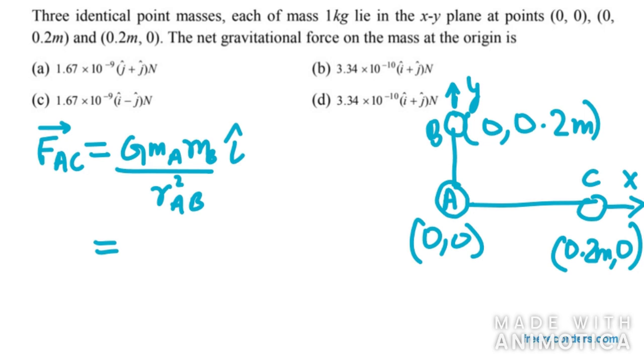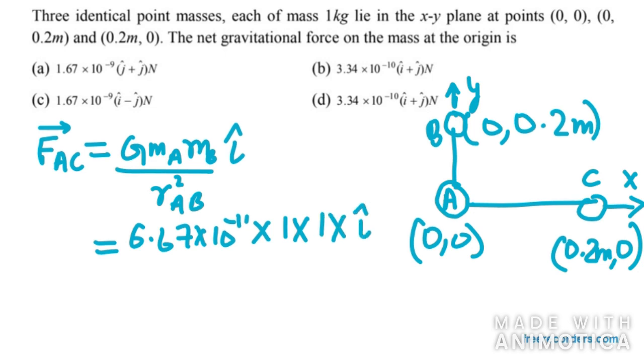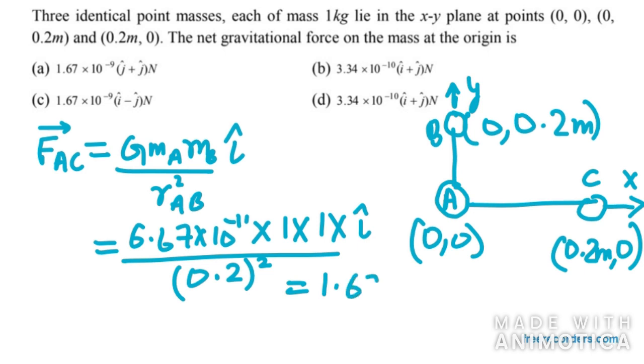So that means MA, MB and MC is 1 kg. So G value is 6.67 into 10 raised to power minus 11. MA is 1, MC is 1, cross i cap. r square will be 0.2 square because the distance between A and C is 0.2. So the answer for this one is 1.67 into 10 raised to power minus 9 i cap Newton.